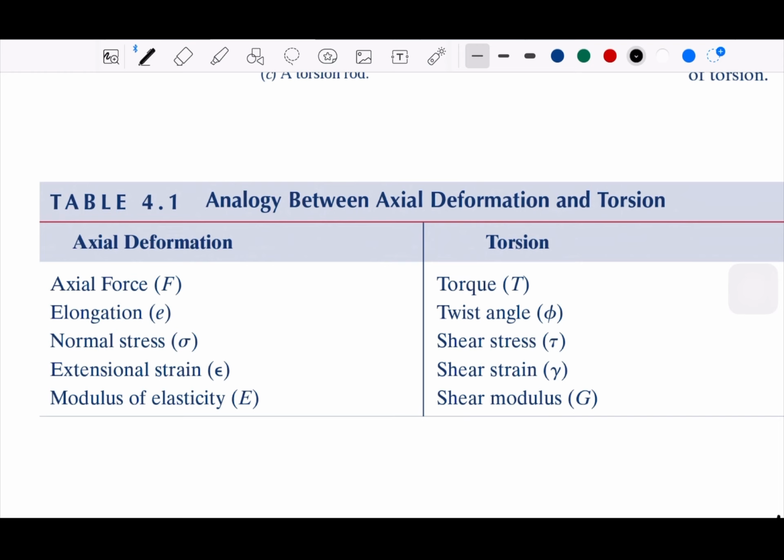And I think basically it can give you an idea on how we are going to observe the problems in the future. So we are going to see torque, twist angle, shear stress, shear strain, and the shear modulus.